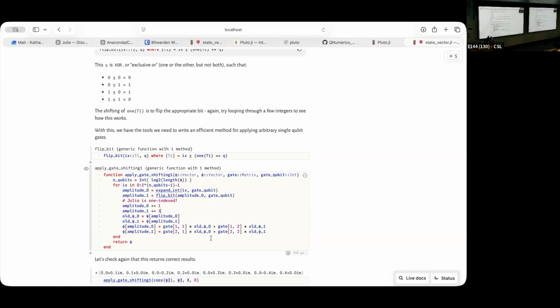Then I have x is 2. X is 3. And well, I'll actually do it for 4. I'm sorry, for 3 qubits. Just 2 bits.